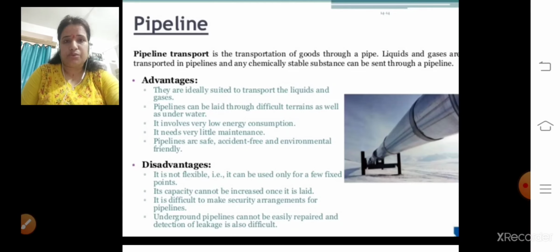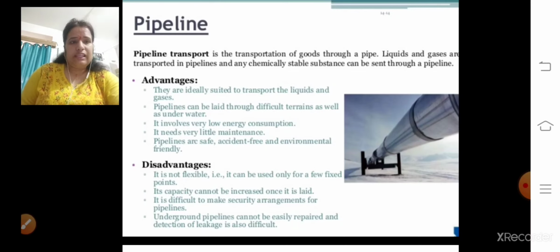Earlier we were doing the transportation of goods by railways or roadways, but when the transport of goods is done through a pipe, it is known as pipeline transport. What goods will we be transporting here? Those that are in liquid form or gas form, not like coal and heavy goods. But where were we transporting heavy goods? Through roadways and railways. So pipeline is transportation of goods through a pipe.